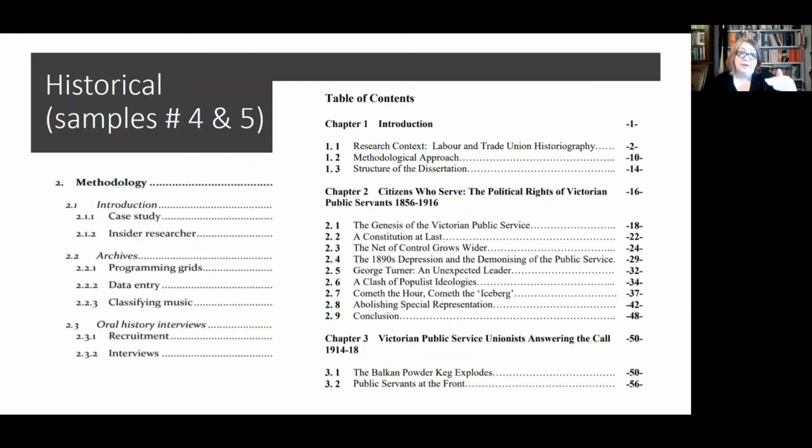She then explains the archives she's used. So she's made it very clear which archives she's used and why. She's using programming grids, which are the kind of charts that have all the different radio programs on there across a day. She's also looking at the data entry that's occurred and how people classify music.